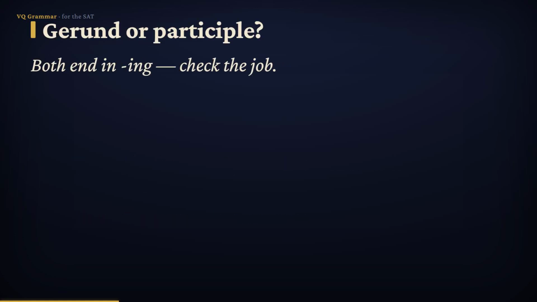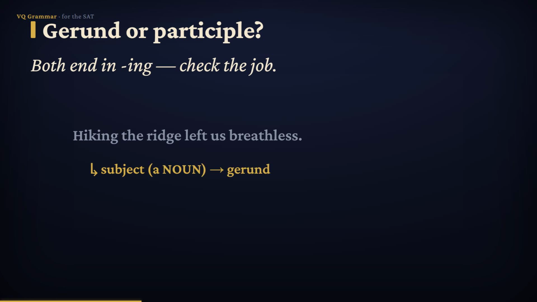Now the trap. Gerunds and present participles both end in ing, but they do different jobs. Compare these two. "Hiking the ridge left us breathless." Here, hiking the ridge is the subject. It's doing a noun's job, so it's a gerund.